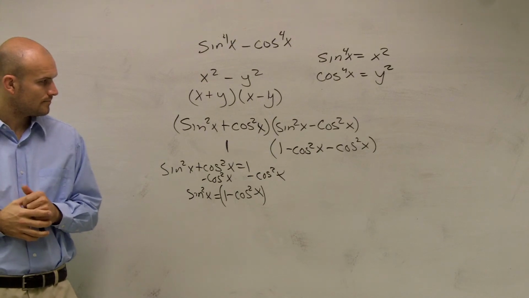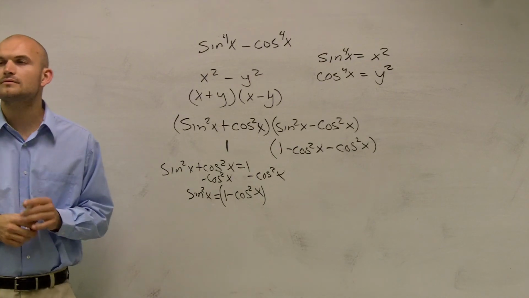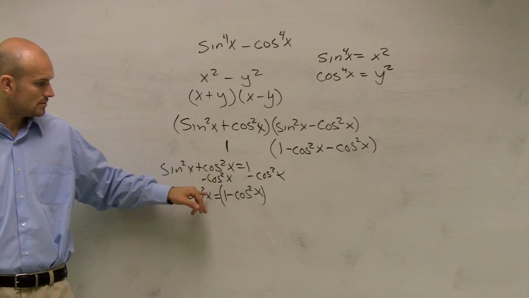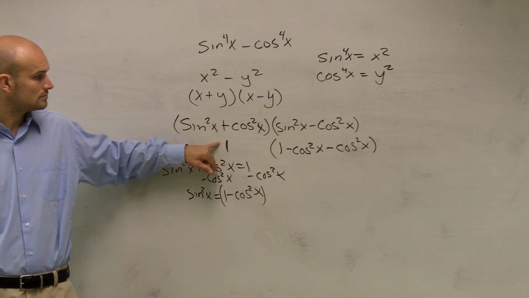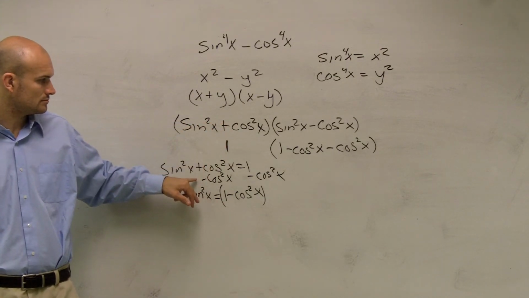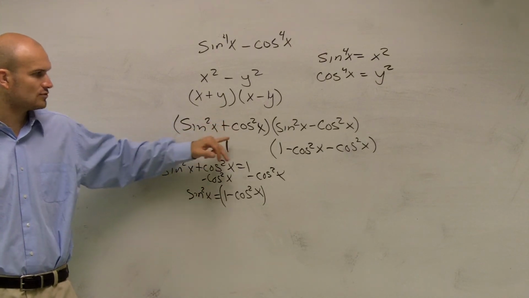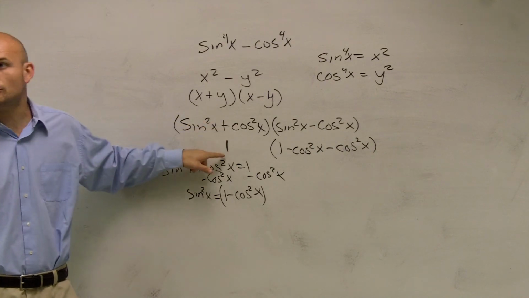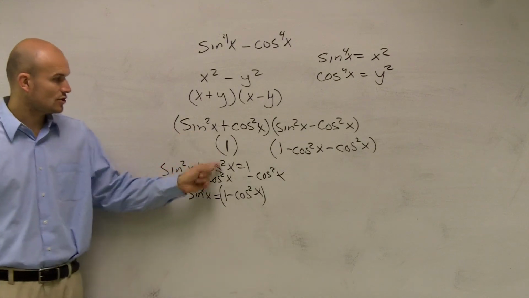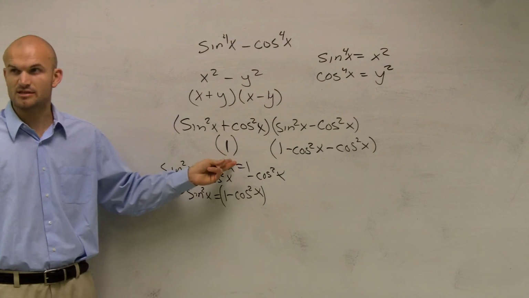So you're substituting 1 in for the sine squared plus cosine squared. Rather than writing that, I can just write 1. Does that make sense though?